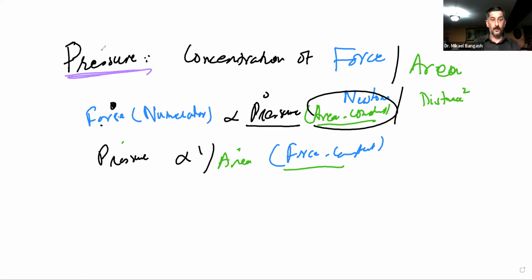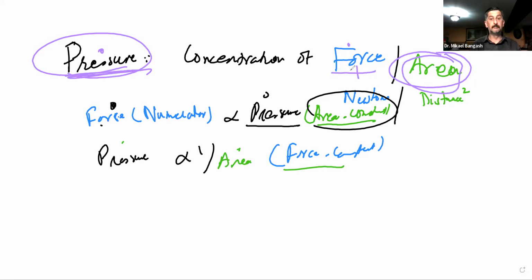So if you want to establish the relationship between this and this, you're going to keep this constant. You want to establish the relationship between this and this, you need to keep this one constant. And then in an equation, they'll tell you which one is constant.